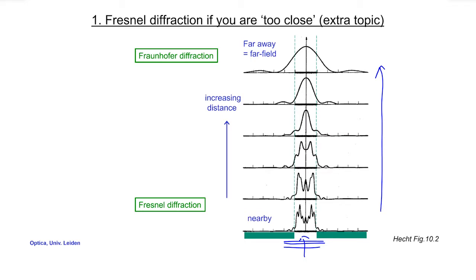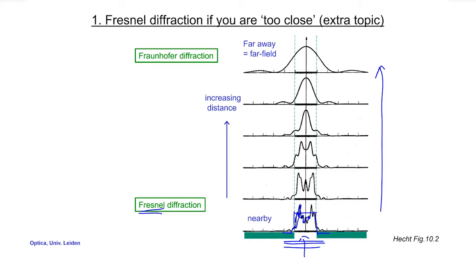If you're very nearby the slit, the diffraction pattern is still pretty weird. It resembles the step-like intensity pattern that you expect behind the slit, but it acquires a couple of fringes, which are called Fresnel fringes. And this regime nearby the slit is called the Fresnel regime.